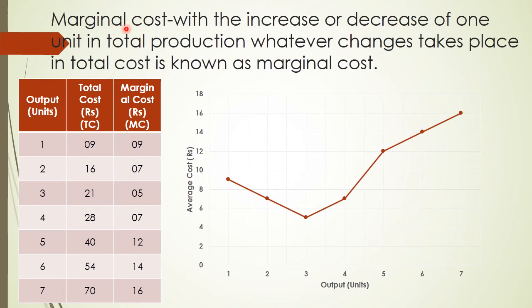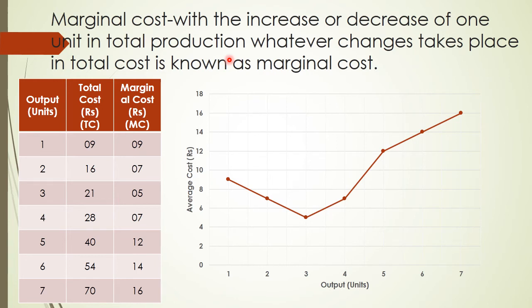Now comes a very important topic, that is marginal cost. What do you mean by marginal cost? That is, with the increase or decrease of 1 unit in total production, whatever changes take place in total cost is known as marginal cost.